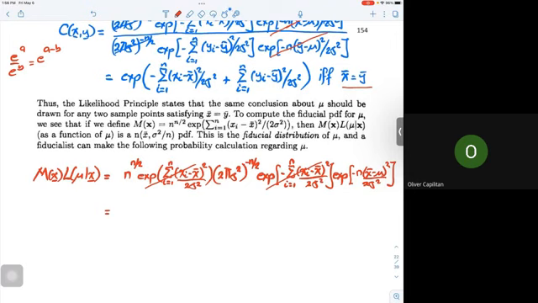So, we have here n over 2 pi sigma square. Pareho lang naman yung nila. Raised to n over 2. And then we have here the exponential. Okay. Ano yung iwan na lang? Negative n.